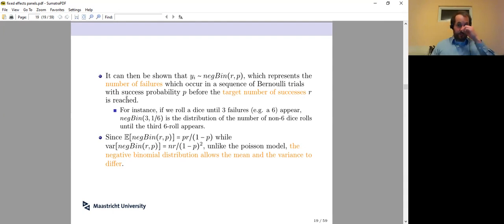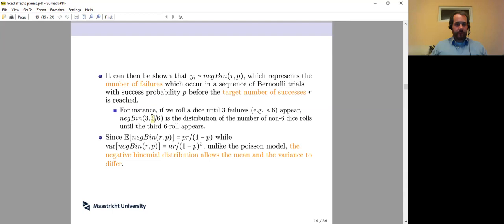Okay, I was just reading the sentence. Now, let's do an example. Let's say we define that rolling a 6 is a failure and everything else is a success. Then negative binomial 3, 1 over 6.